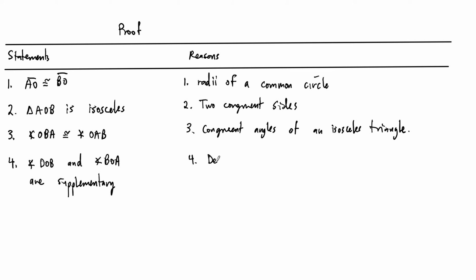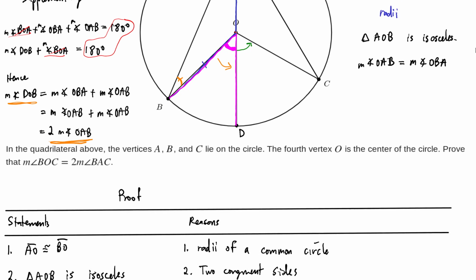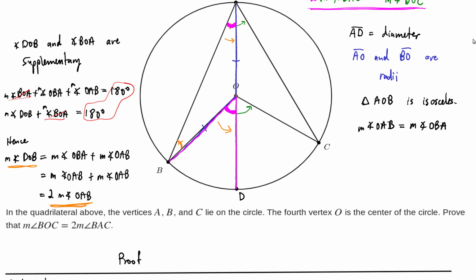And so this is, again, definition or identity. So definition of a straight line. Here I mean that the definition of a straight line is, or even you could say this is the definition of supplementary angles, right, that they form a straight line. But either way is okay.